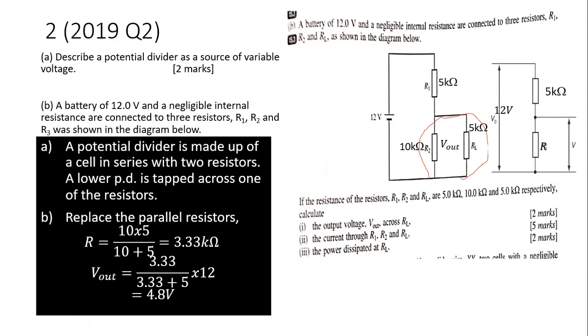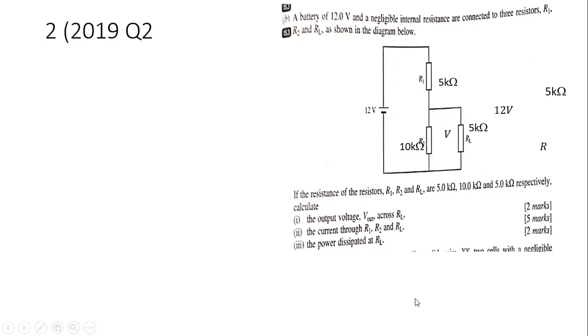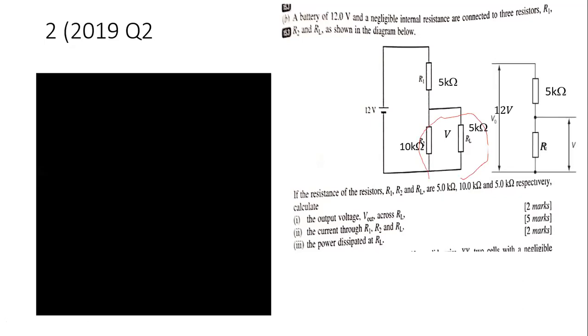Current through R1, R2, and RL. So in a sense, they are testing Kirchhoff's law also, not just the potential divider. Okay, we have already got V as 4.8 volt.